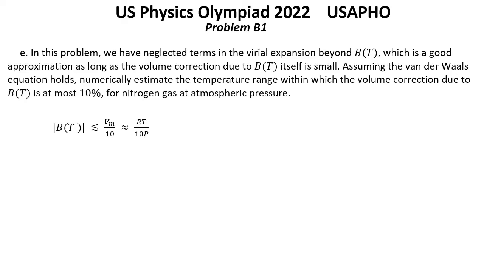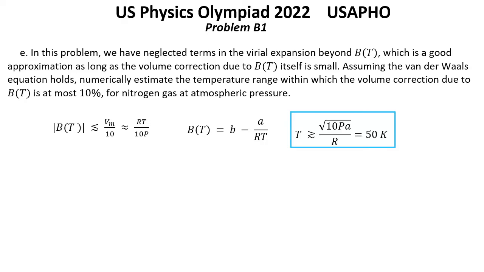At low temperatures, BT is dominated by the term negative a over RT. So we require that T must be greater than the square root of 10a over R, which is about 50 Kelvin. Any answer within 25% of this is acceptable. So that was the solution for question E.